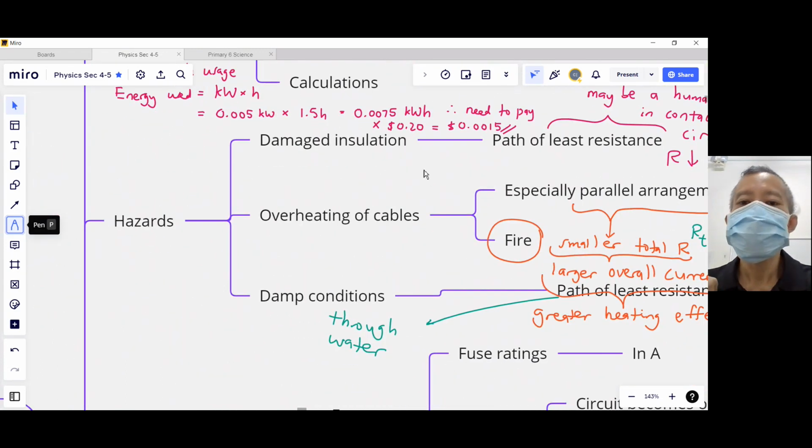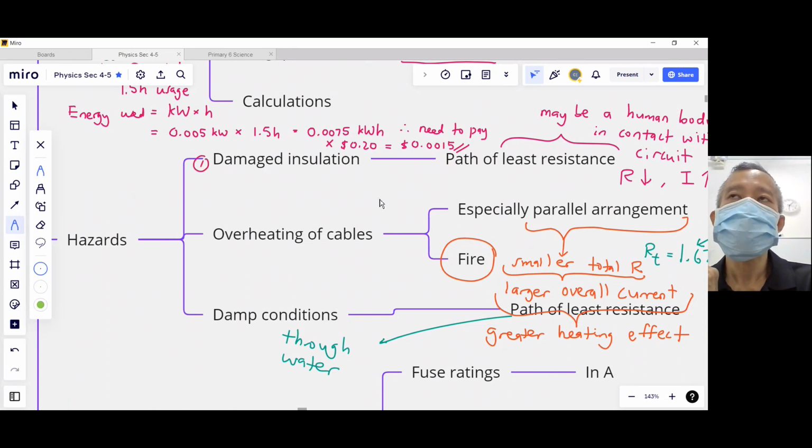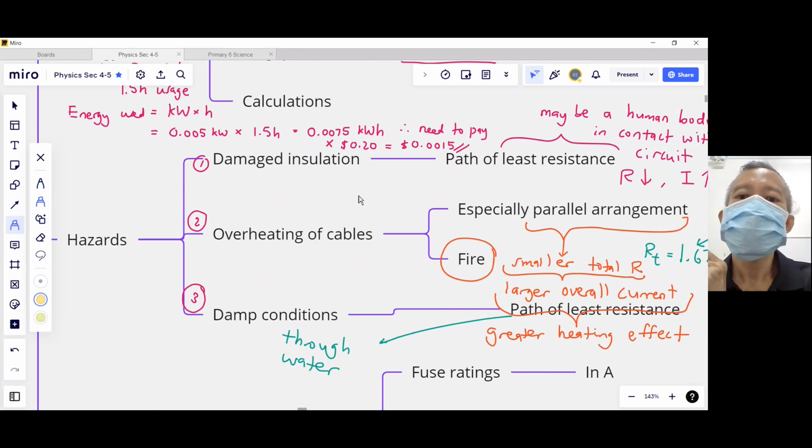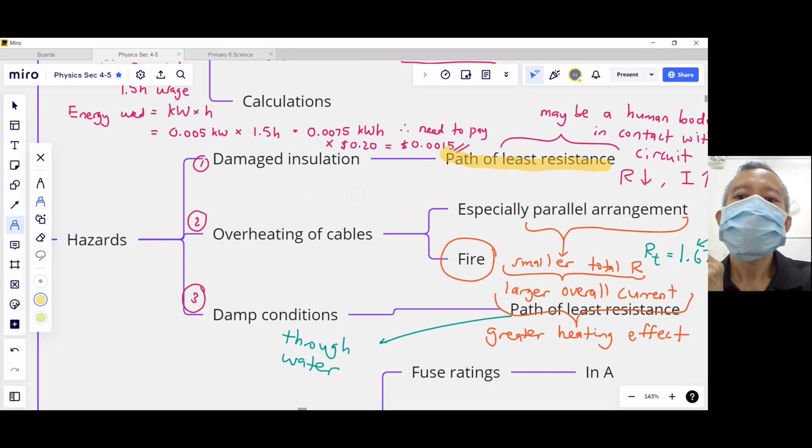We also mentioned some electrical hazards. Now here I have listed 3, but obviously there could be others. You notice I mentioned this quite a lot, path of least resistance. That means if you offer the circuit a path of less resistance, it will go through that path, even if it's yourself.